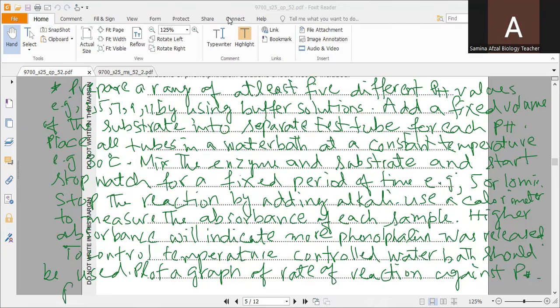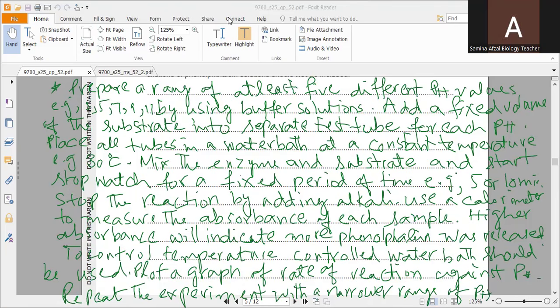Repeat the experiment with a narrower range of pH to get accuracy.